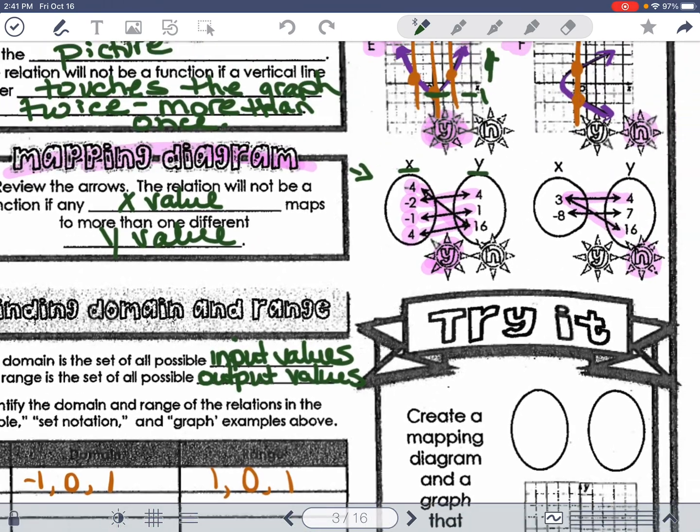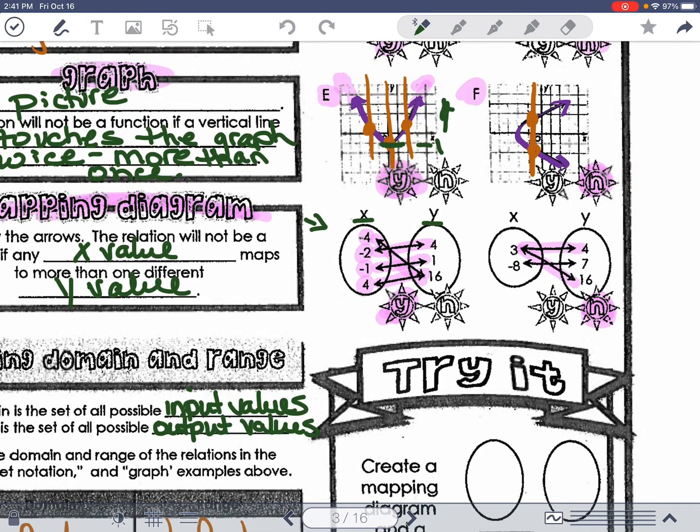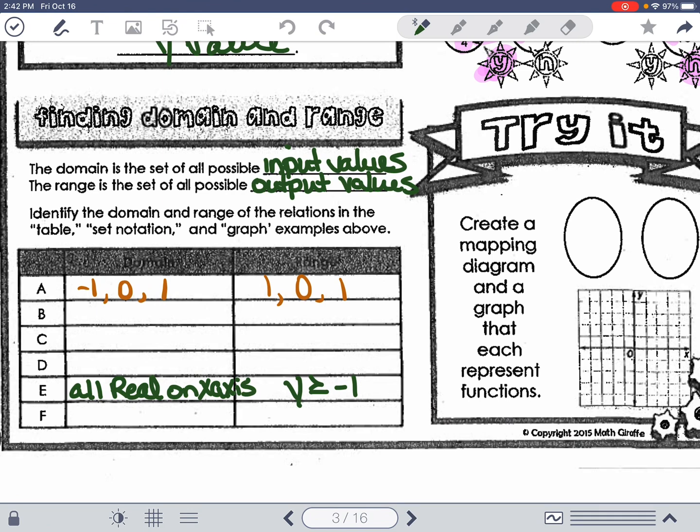So letter F is not a function, but the x values start right here and go to the right. So that looks like it's -1, -2, -3, and everything greater than -3. So this would be all reals greater than or equal to -3 on the x-axis, x values.